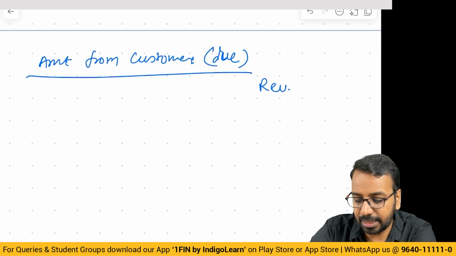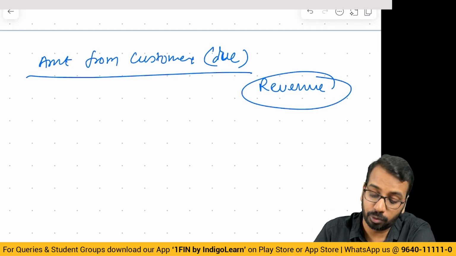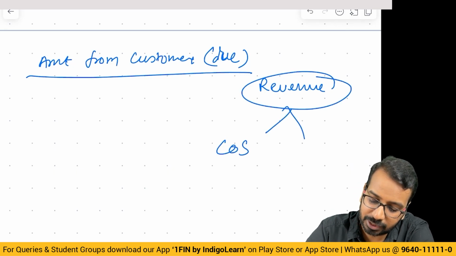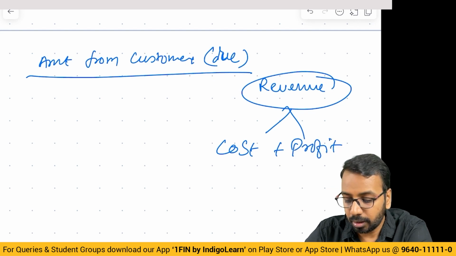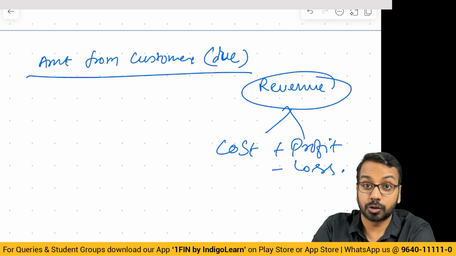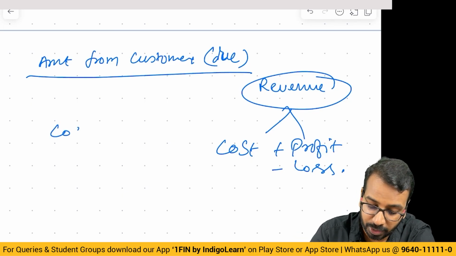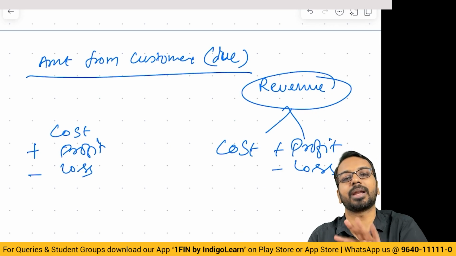Normally, I collect my revenue. Yes or no? I collect my revenue. This revenue, can I say it is cost plus profit or cost minus loss? That is what the customer has to pay me. So even in accounting standard 7, we have to see what is my cost plus profit minus any losses. This is what the customer has to pay me.